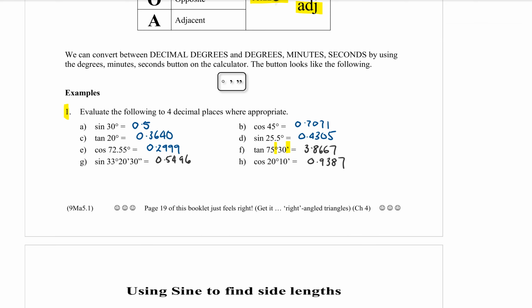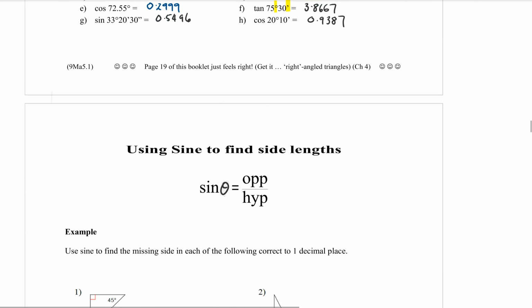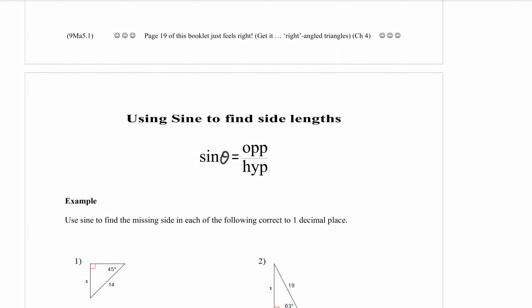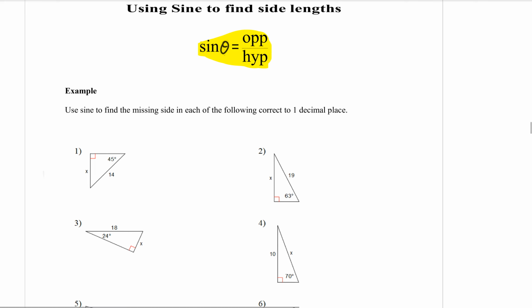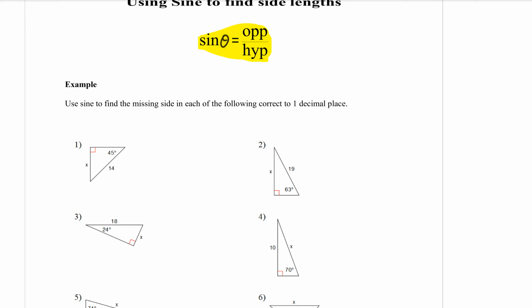Okay, so that was just showing you how the calculator works. Next, we want to get onto the actual formula we're trying to learn about today, which is the sine formula. We're only going to use this one, sine theta equals opposite over hypotenuse. And we're going to be using that rule to help us find sides in our triangles that you can see below here.